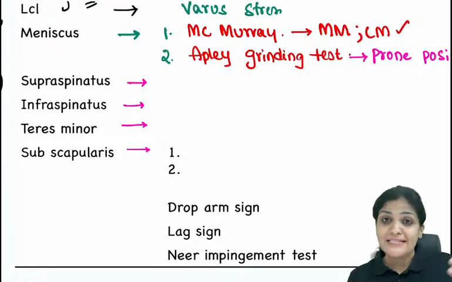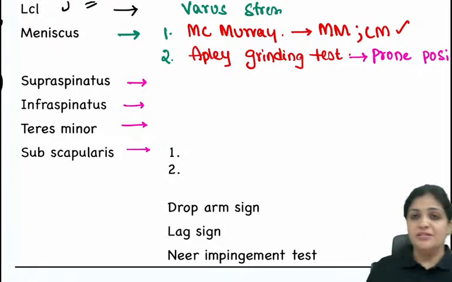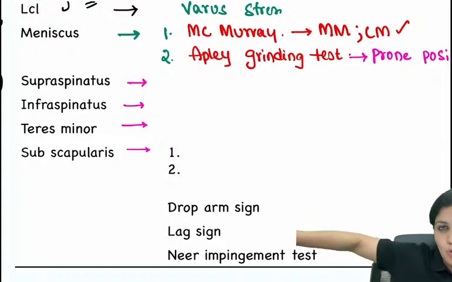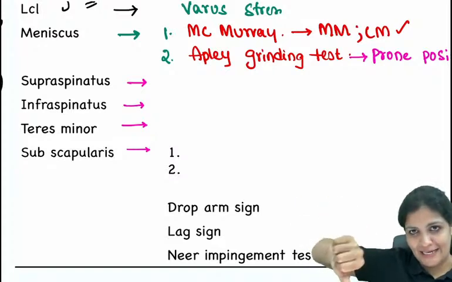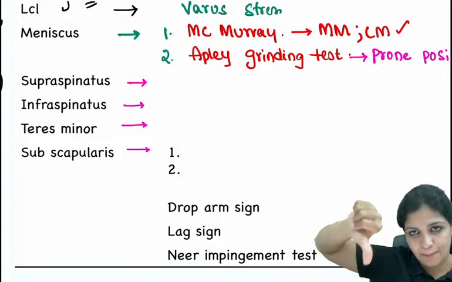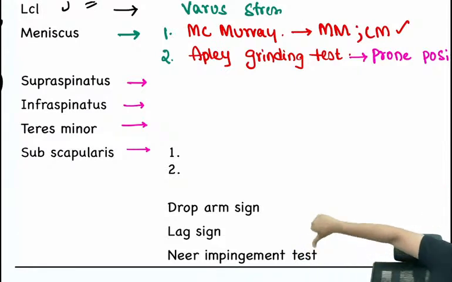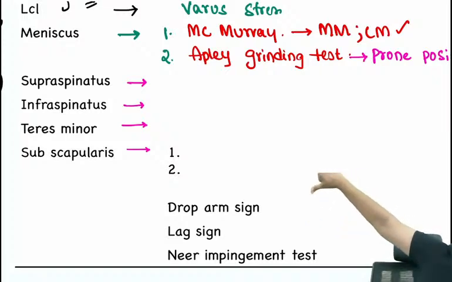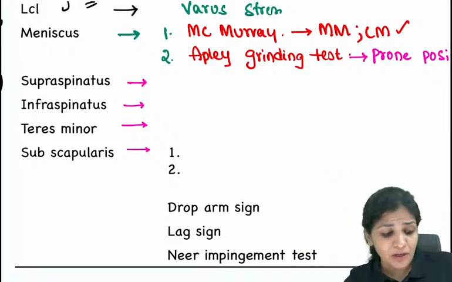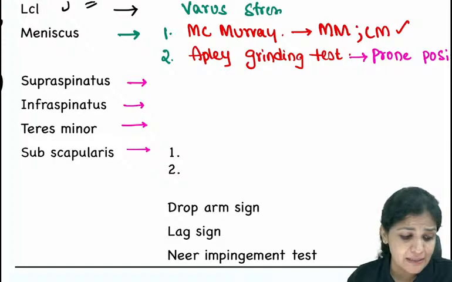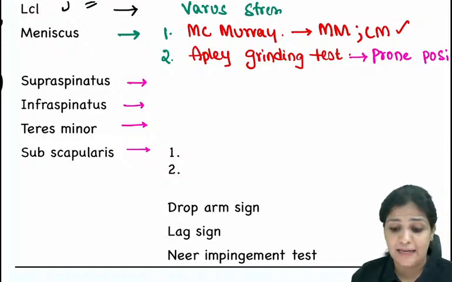So how do you test this? You ask the patient to do the empty can sign. That means you turn the thumb downward like this, and then tell the patient to abduct. The supraspinatus acts in abduction.